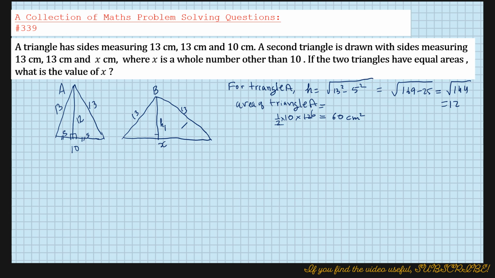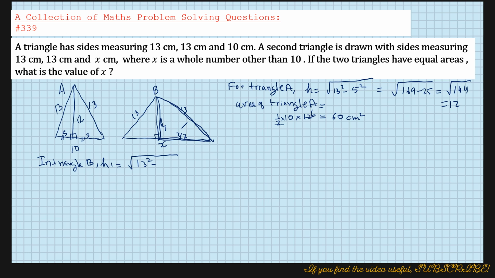So if the base is x, then h1 in triangle B would be the square root of 13 squared minus half of the base, so that is x over 2.